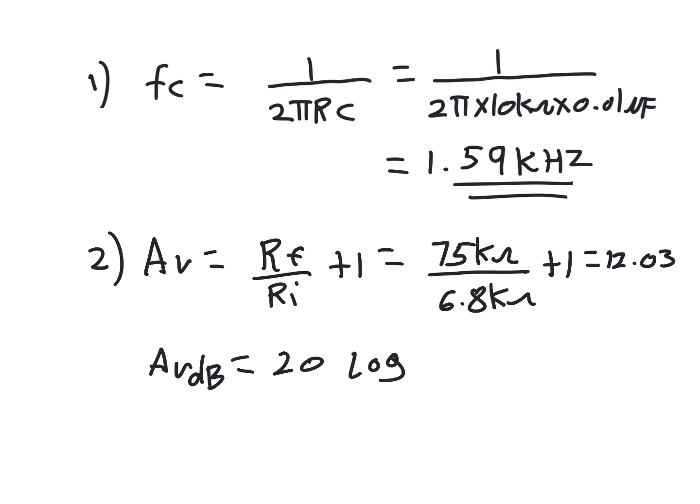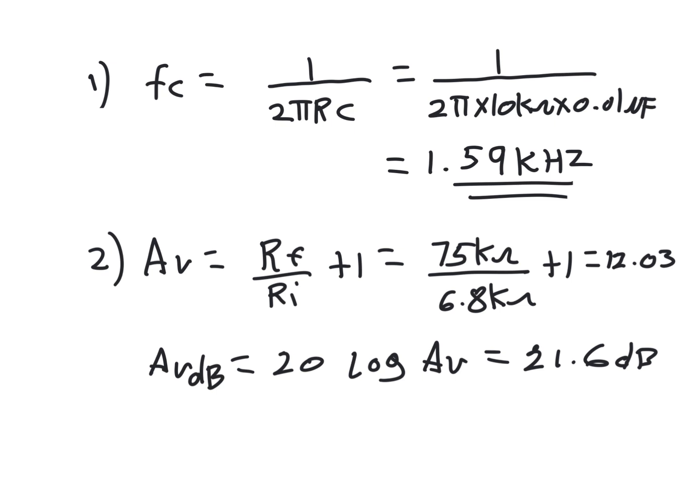It's just 20 log. Alright, so AV equals 12.03, which equals 21.6 dB. Right, so that's the gain.